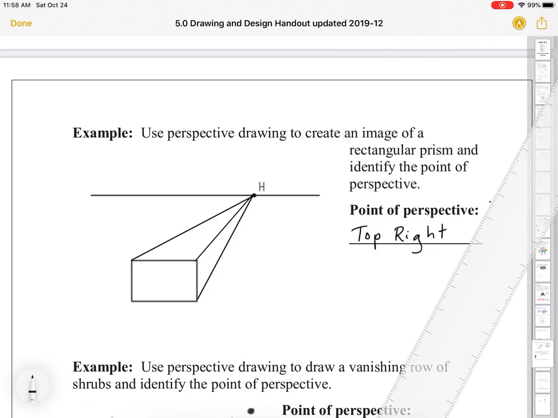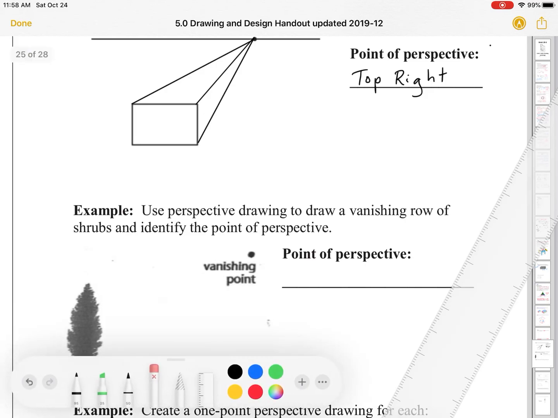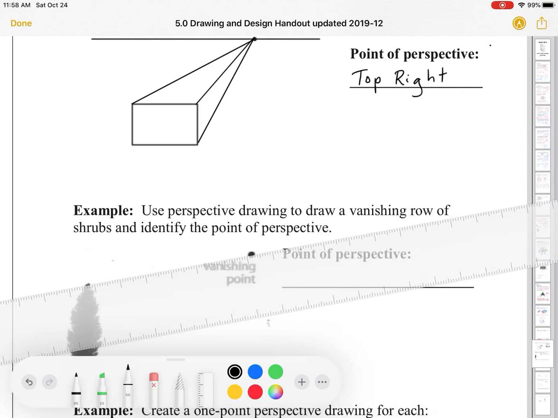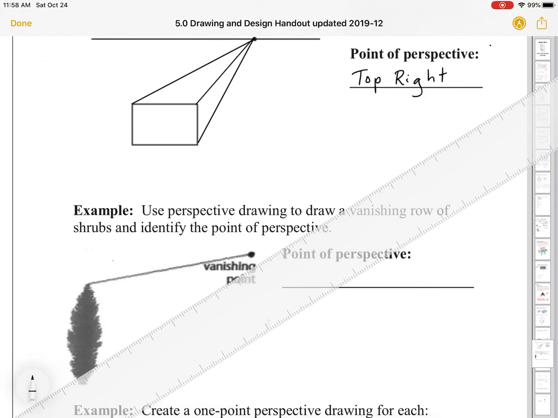Okay, I'm just going to slide my ruler over. Oops, let's erase that. Okay, use perspective drawing to draw a vanishing row of shrubs and identify the point of perspective. So here, I'm going to use the pencil just to sketch in my perspective lines, so it's a little lighter.